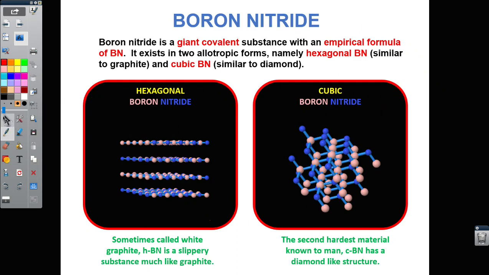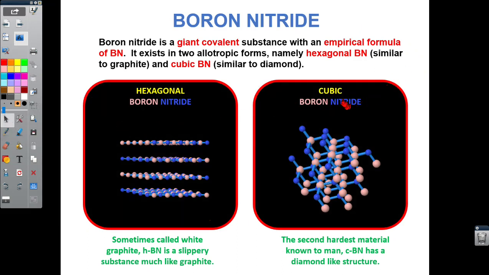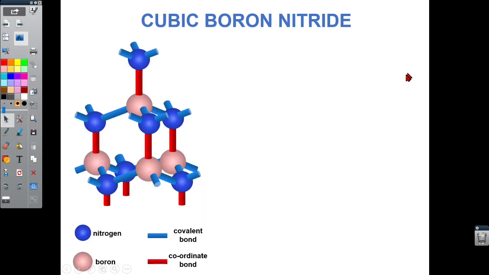Okay, so if we move on now then and start looking at these structures in detail, we'll have a look at this cubic boron nitride first of all. So here's a sort of zoomed in version, and hopefully you can see the bonding a little bit more clearly now. So here are the borons in this sort of pinky tone, and they're bonded to 4 nitrogen atoms.